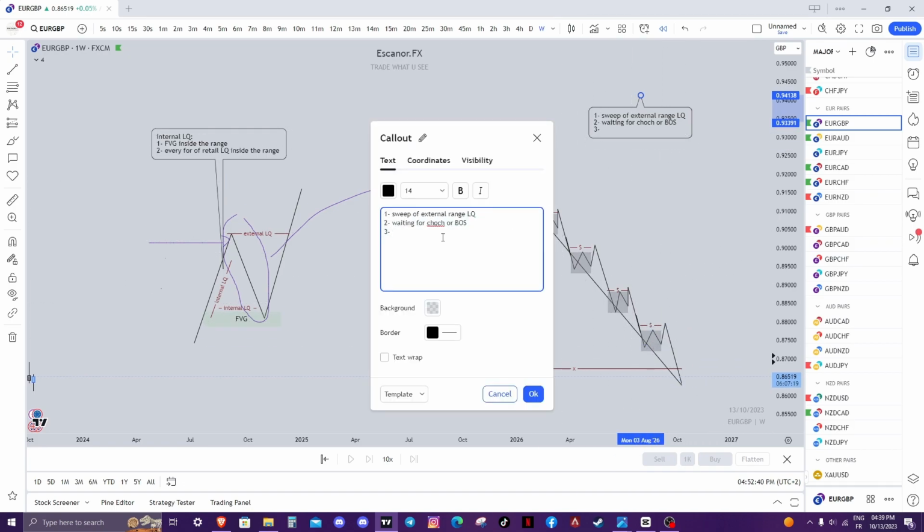So for the fourth point, we're going to look only for the liquidity that rests above the Asia session, okay?